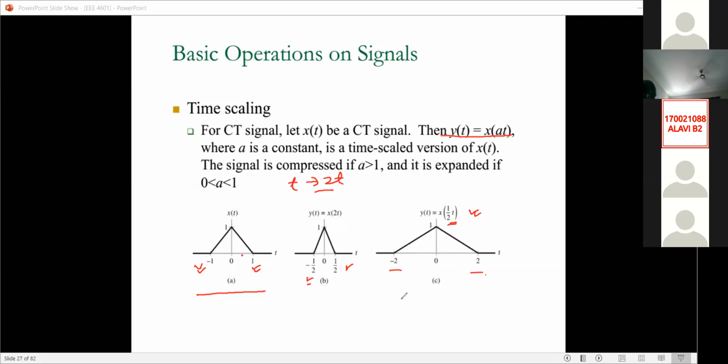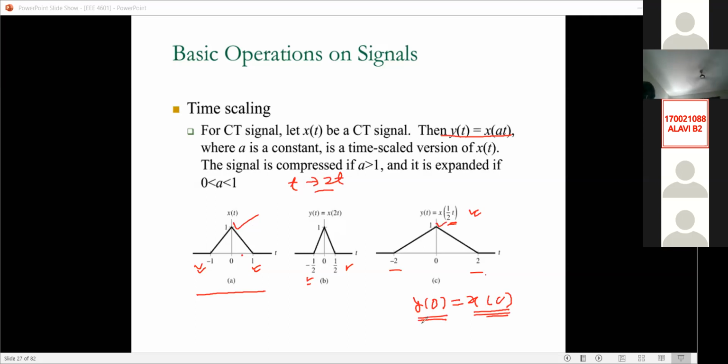Consider that we need to consider 2 points. We need to calculate our signal, say at t equal to 0. If we set t equal to 0, that will be equal to x(0), isn't it? That means the output y of this operation at time t equal to 0 would be equal to the value of your signal at t equal to 0. The value of our signal at t equal to 0 is this, and this is there, okay? So it is satisfied.